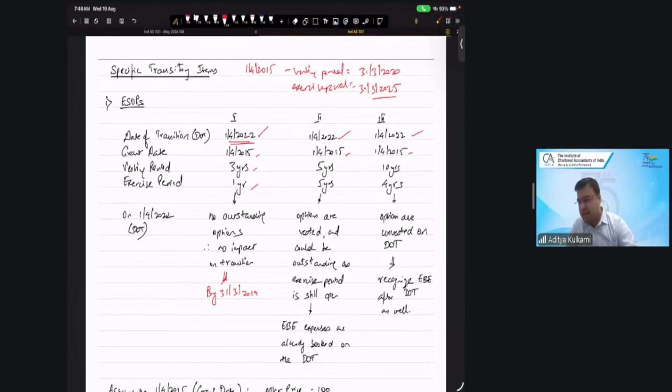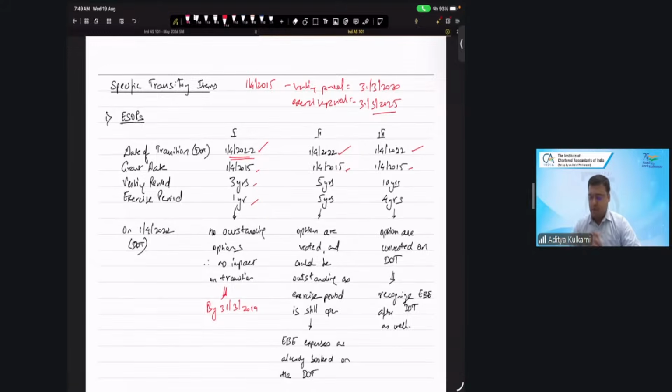Okay. Second scenario. Date of transition 1st April 22. Grant date 1st April 15. Vesting period 5 years. Exercise period 5 years. So tell me, in this case, when is the vesting period ending?